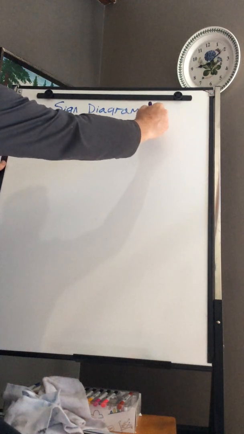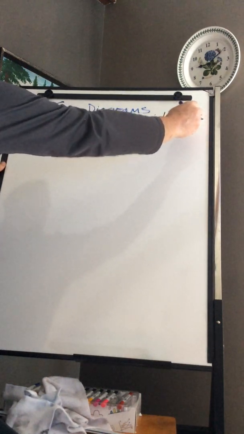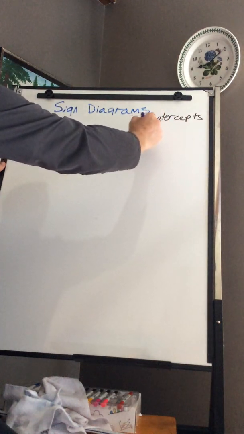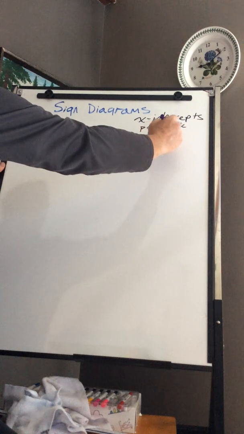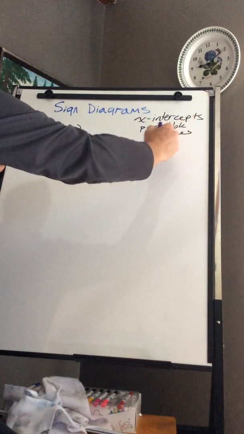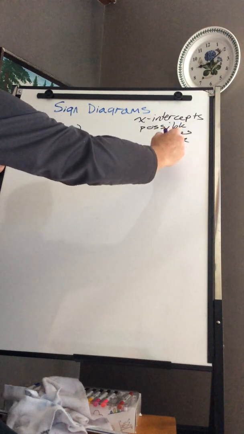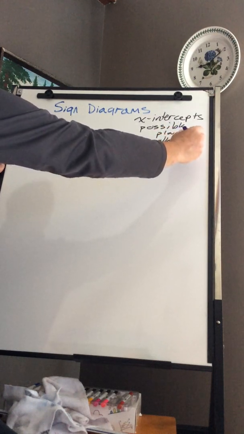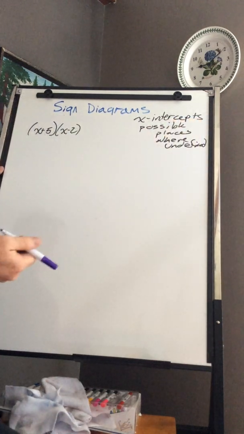That's the main key. X-intercepts and possible places where undefined. This is going to come up with fractions when the denominator is 0.